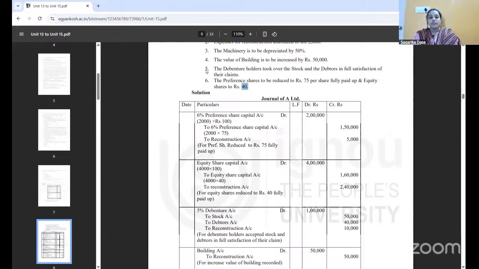Then here in the 5th point they have mentioned that debenture holders took over the stock and debtors in full satisfaction.